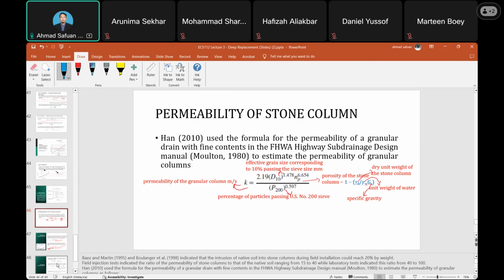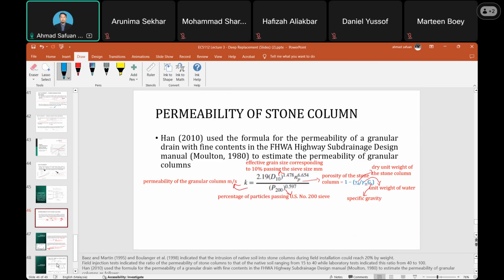NP is the porosity of the stone column, dry unit weight of the stone column times unit weight of water times specific gravity. The unit weight of water is better to use 10, or if you want to use 9.81, it's okay, but you need to consistently use 9.81 throughout the whole solution.